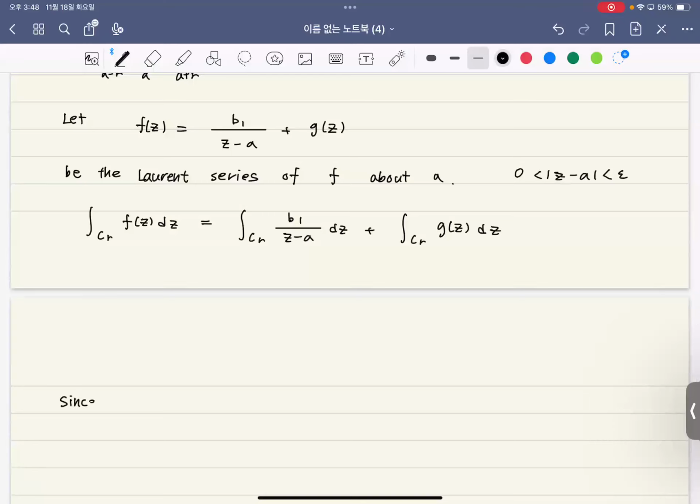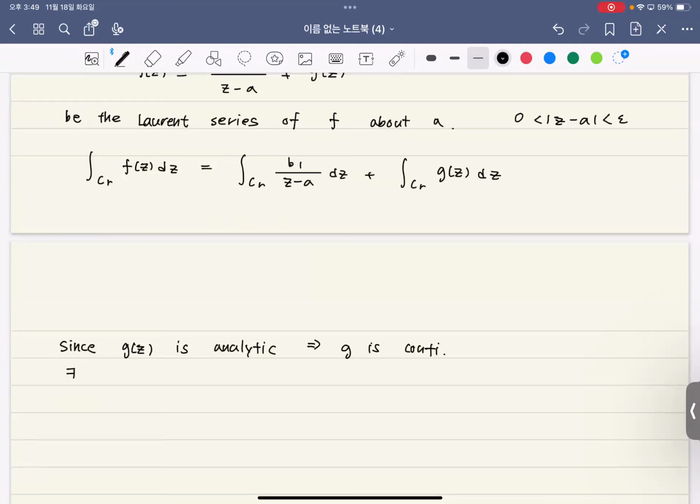Since g of z is analytic, this is continuous. So there is some positive integer M such that the modulus of g is bounded by M, and here I want my z to be in the region bounded by these two curves.